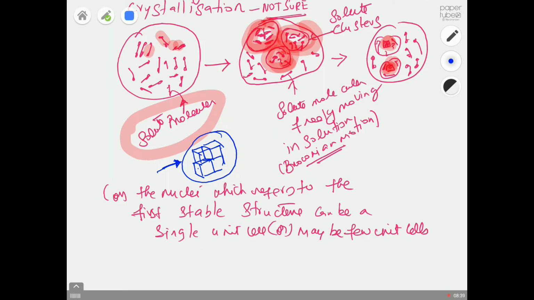Only in the last 10 years have we had access to such tools. So it's not easy to know whether your first stable nuclei contains one unit cell or more than one. Probably it can contain more than one unit cell.